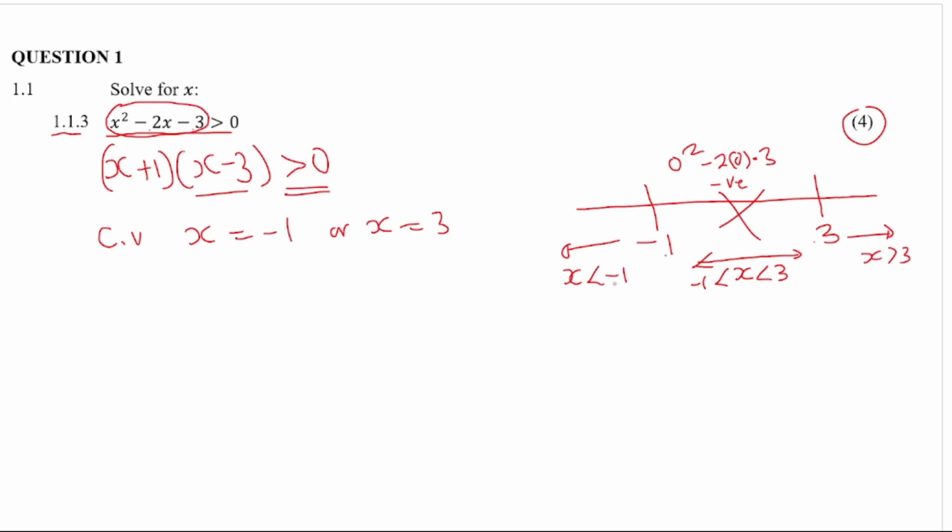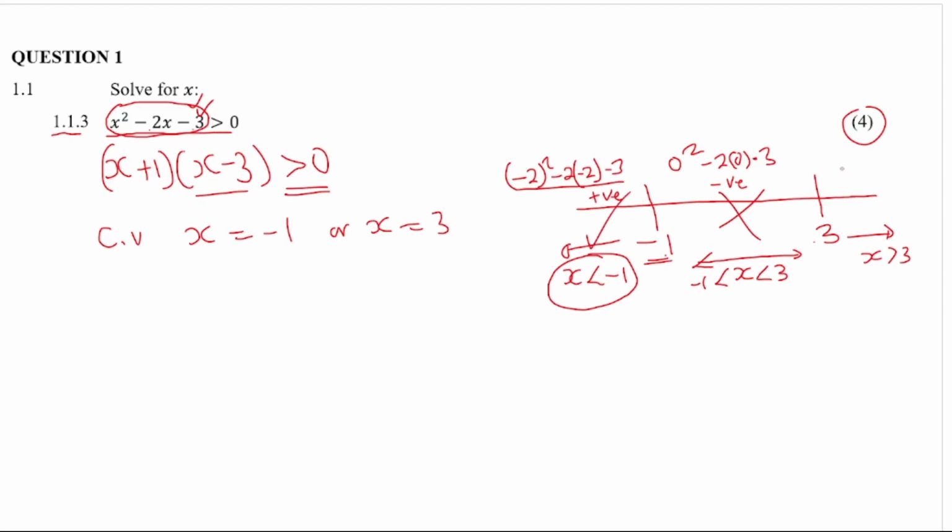Right, let's pick any value that is less than negative 1. I will use, let's say, negative 2. I will substitute negative 2 here. So it's negative 2 squared minus 2 times negative 2 minus 3. All right, you can put this in the calculator, you'll get a positive answer. So it means when x is less than negative 1, the function is going to be greater than 0, so we want this part.